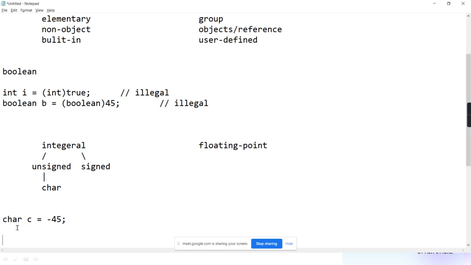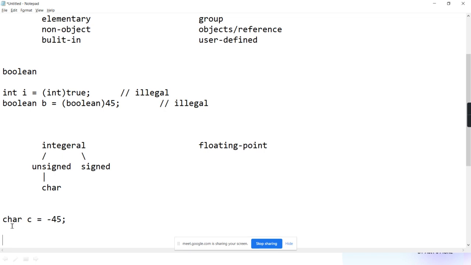And unsigned means whatever the capacity is, I'm coming to the capacities later. Whatever the capacity of that character is, all the values are positive.